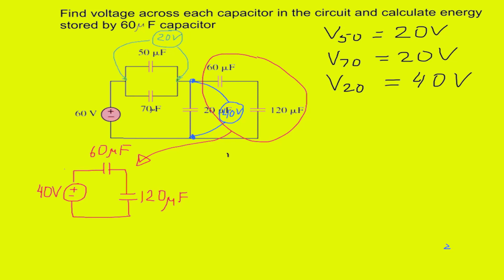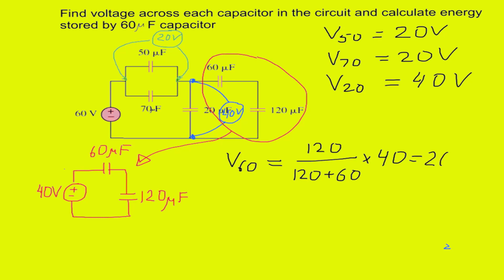So let's do this. The voltage at 60 will be taking the opposite on the top, 120, divided by the sum of two capacitors, 120 plus 60, multiplied by the total voltage, and total voltage is 40, and the answer will be 26.7 volts.